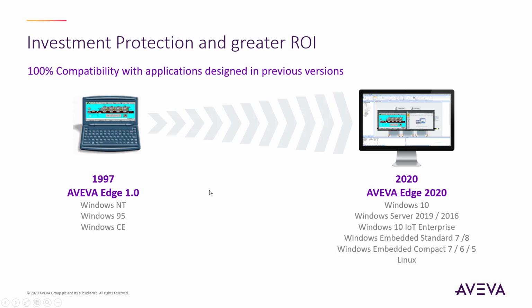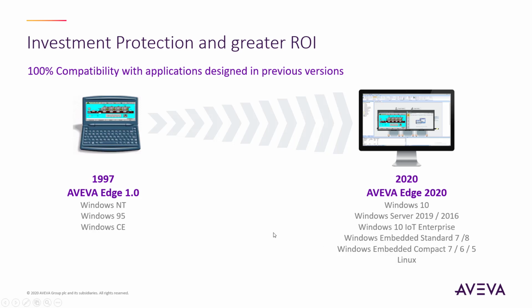Now this product goes back to the late 90s, and I can tell you from experience because I was actually a customer before I was an employee of AVEVA, and having developed an application in the late 90s and then bringing that forward into today's product with no conversion really necessary. You just open it up in the current version and everything is there for you.